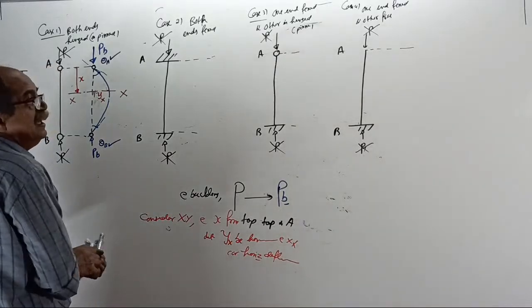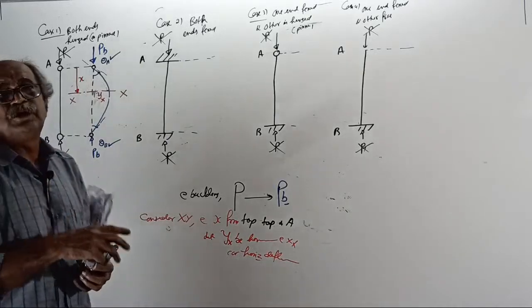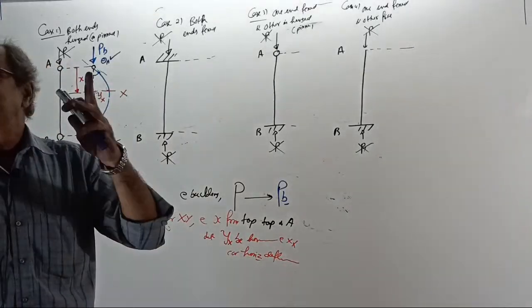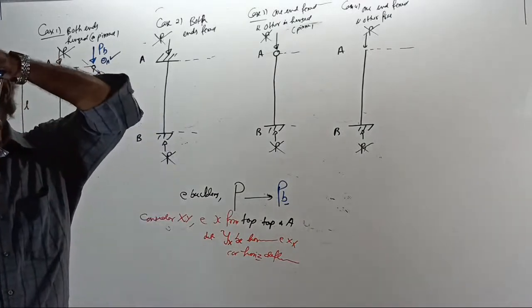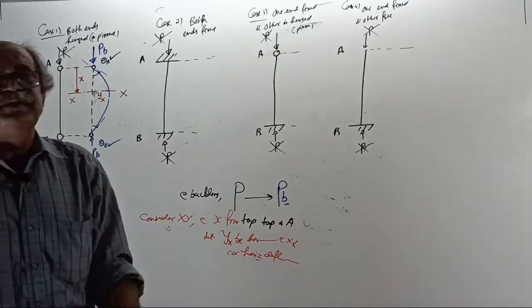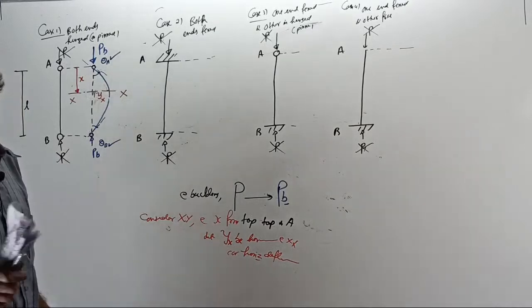Now, tell me. Observe and tell me. Is there any other reaction? A hinge support can offer vertical reaction and also horizontal reaction. Yes or no? Now, tell me, is any horizontal reaction possible here?